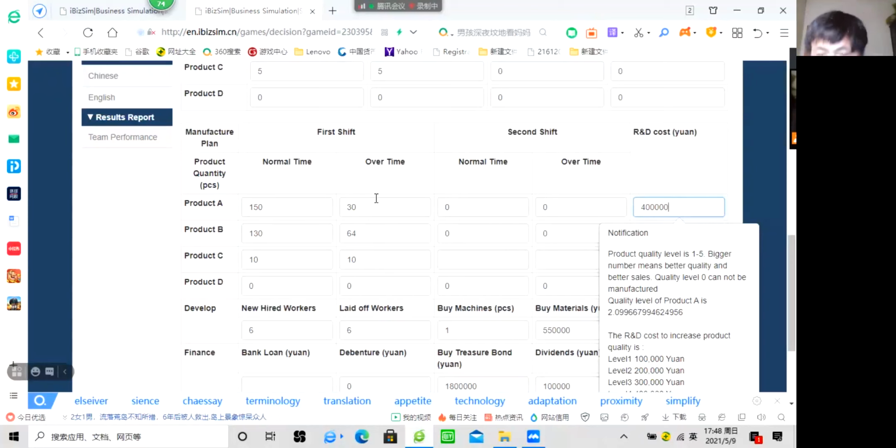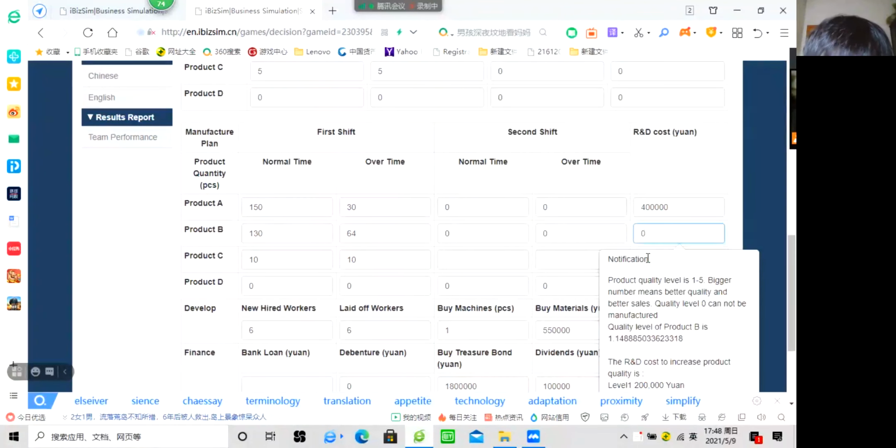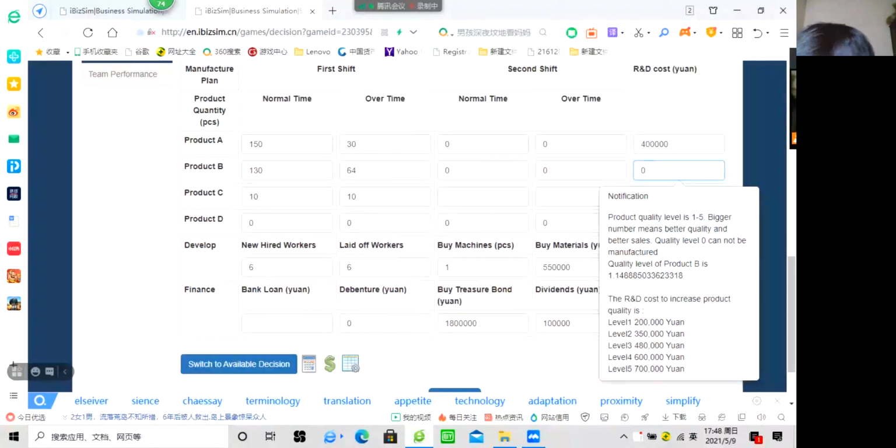So that means our product A's quality increases from level 1 to level 2. Now, because we want to produce product B and C, we have a look at R&D. Here we check term 1, quarter 1.